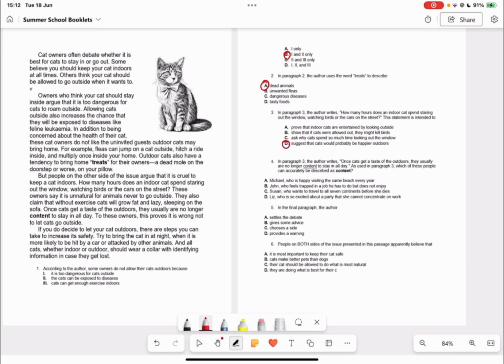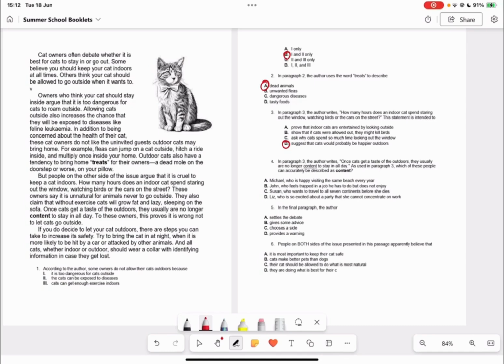In paragraph 3, the author writes, once cats get a taste of the outdoors, they usually are no longer content to stay in all day. As used in paragraph 3, which of these people can actually be described as content? So Michael, who's happy visiting the same beach every year. John, who feels trapped in a job he has to do but does not enjoy.